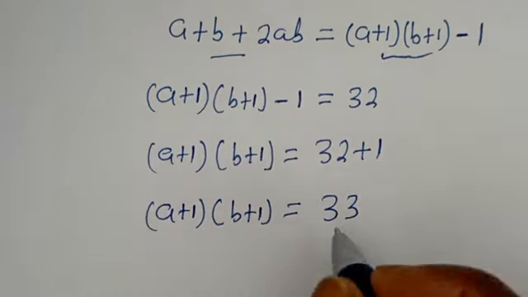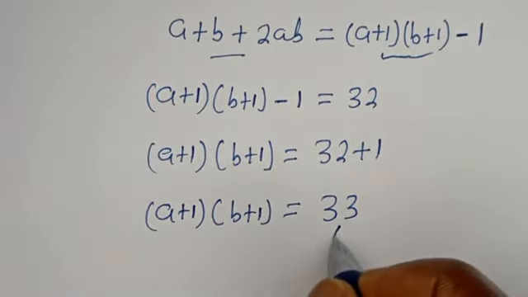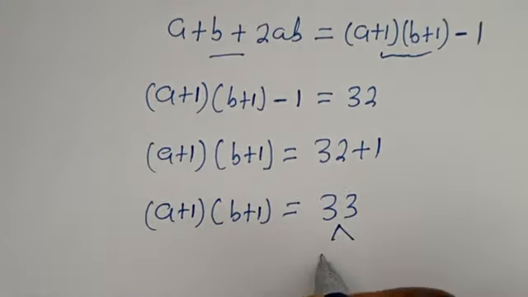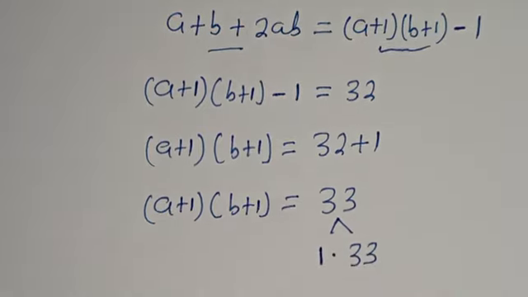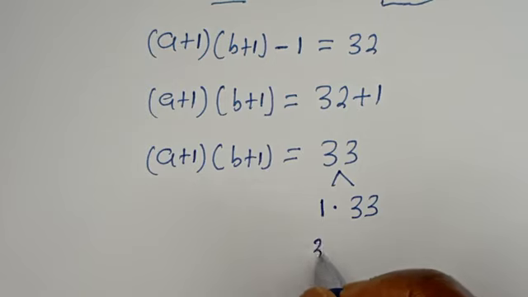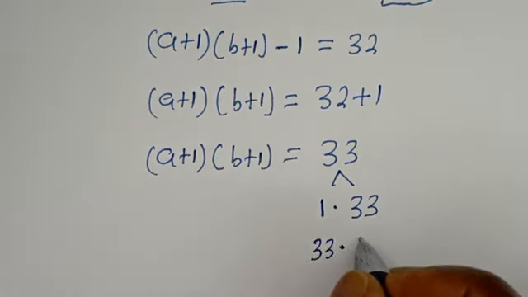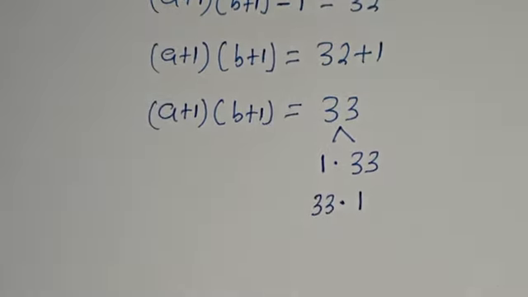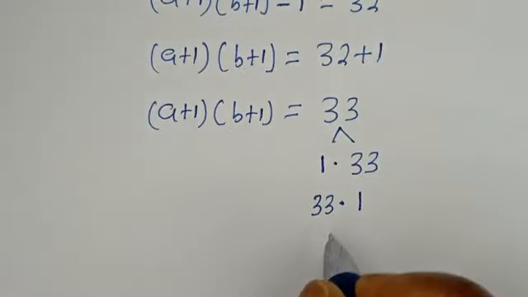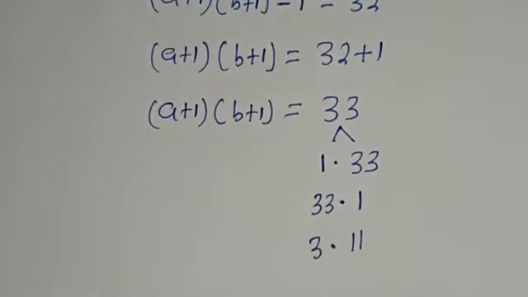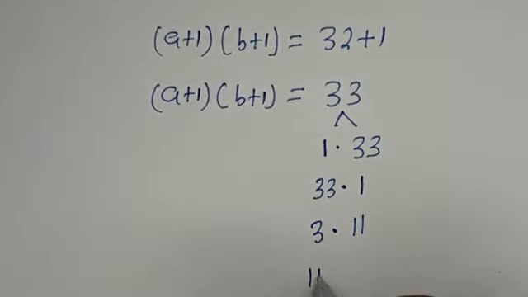Then 33 has the following factors. Let's pair them. We have 1 multiplied by 33, then 33 multiplied by 1, we have 3 multiplied by 11, and then 11 multiplied by 3.